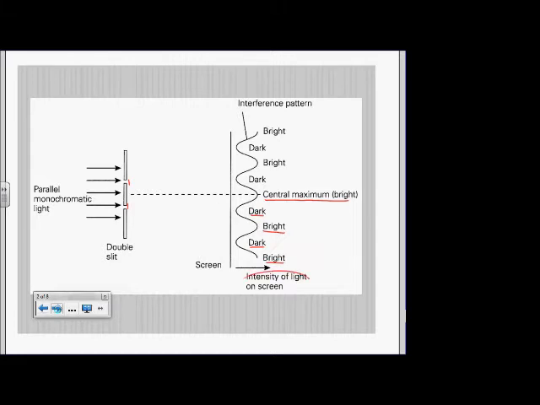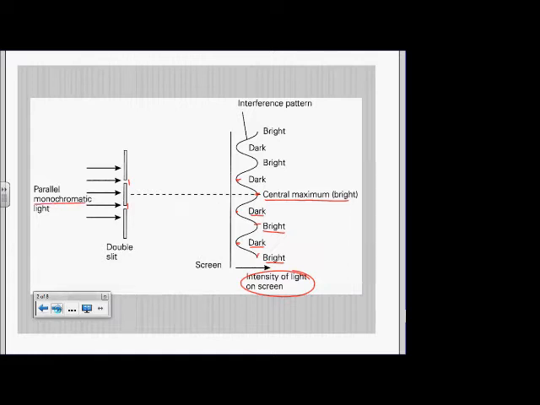And we've got down the bottom here intensity of light on the screen. So we've got bright, bright, bright, dark, dark, dark. Okay, so that's just another diagram illustrating slightly differently what we saw in the first one.